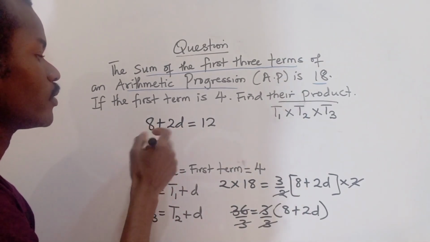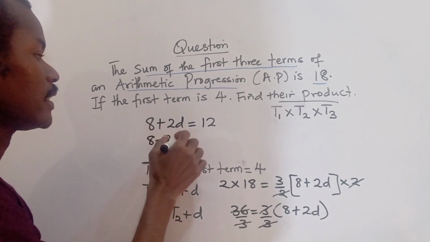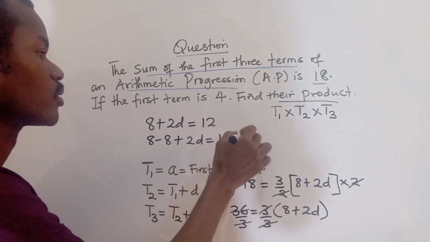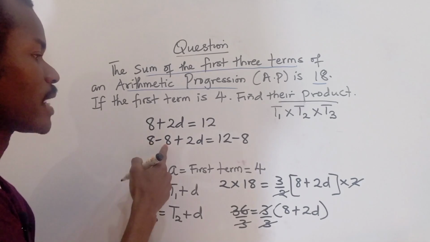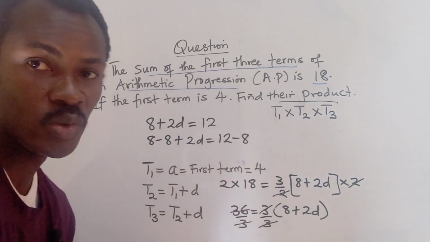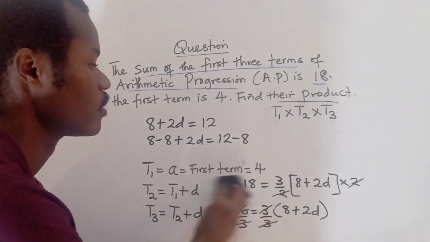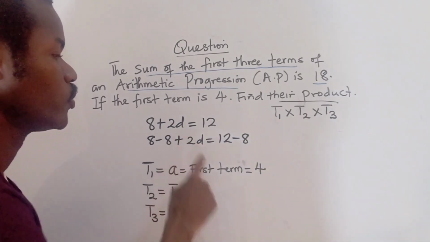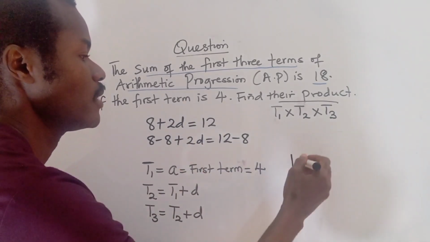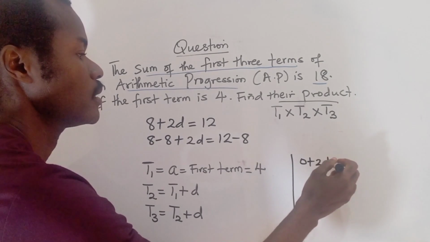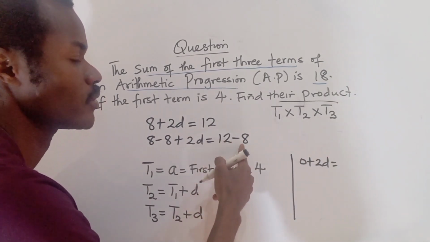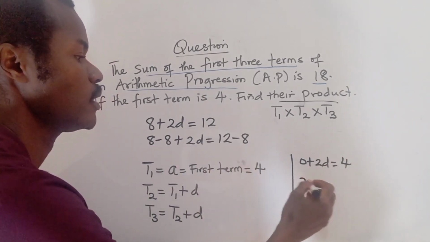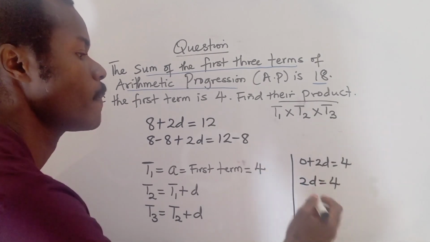Now how do we find it? We are going to subtract this 8 from both sides. So I have 8 minus 8 plus 2d, which is equal to 12 minus 8. 8 minus 8 gives us 0, so 0 plus 2d is 2d, and 12 minus 8 gives us 4. So 2d is equal to 4.